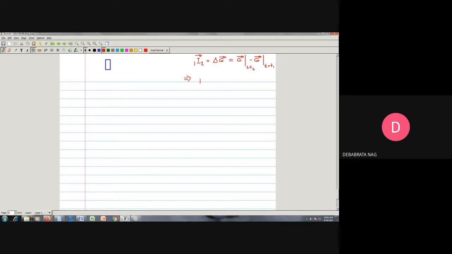I can say 1 I bar 2 plus the initial linear momentum G bar at T equal to T1 is basically equal to G bar at T equal to T2. So we can write this equation in this format.